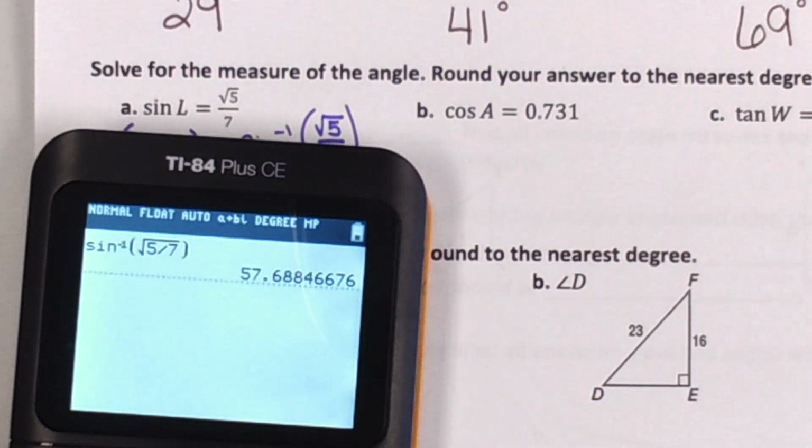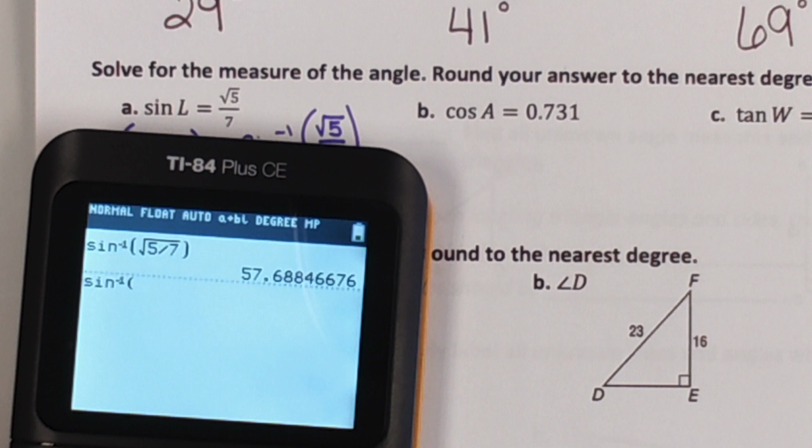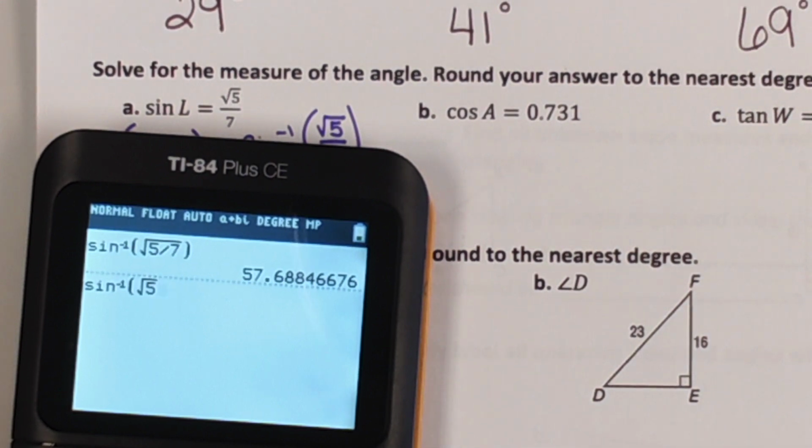If you got the newer TI, make sure that when you type it in, you get out of your square root before you divide by 7. Either way, what should it round to?